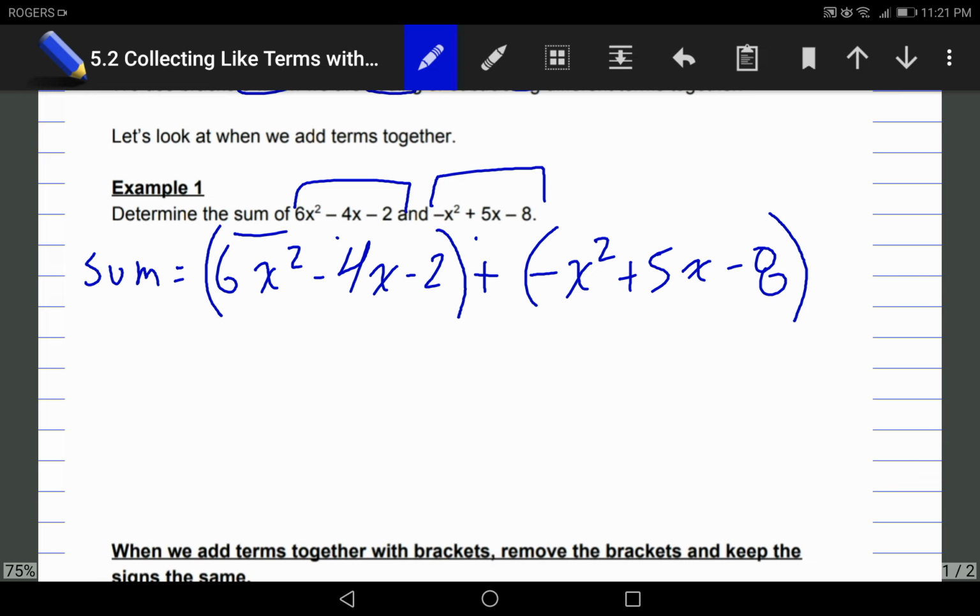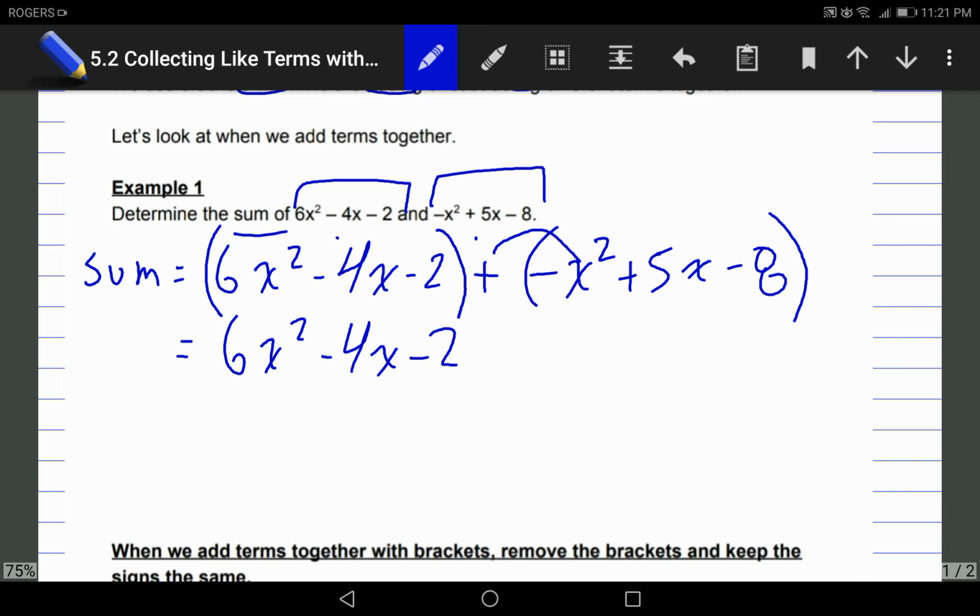Like I said, when you're adding, you can almost forget about that plus sign. So let's write this out. I'm going to drop the brackets here. This is going to prove to you why you can just forget about the plus sign. So it is going to be plus a negative x squared.